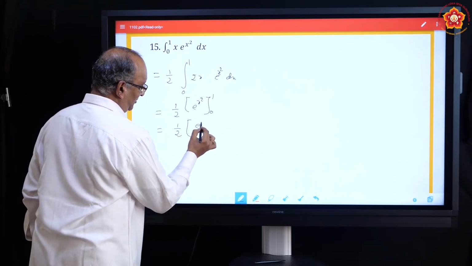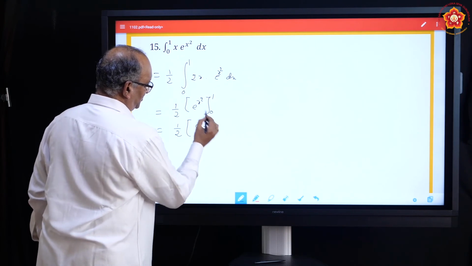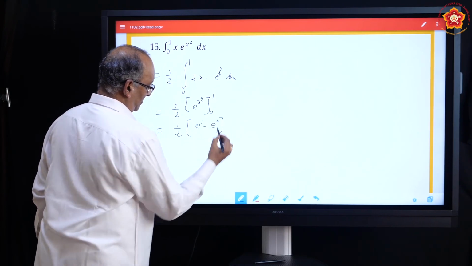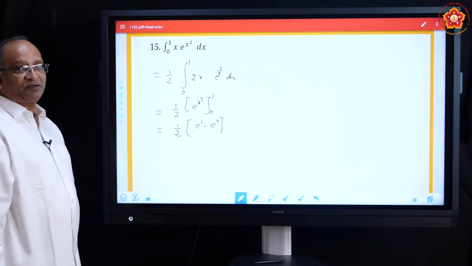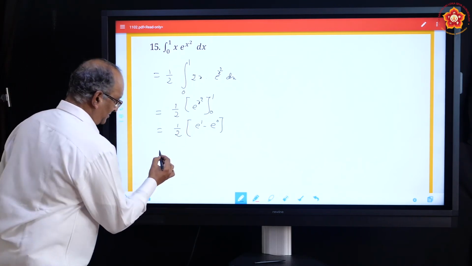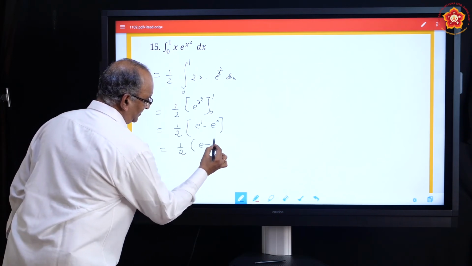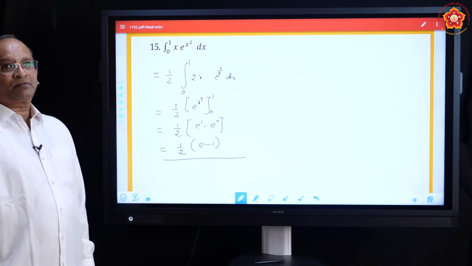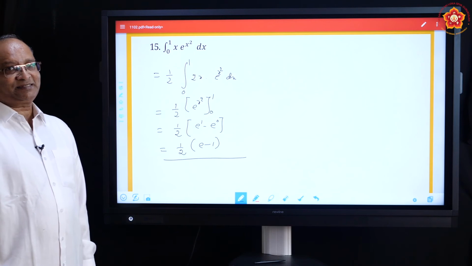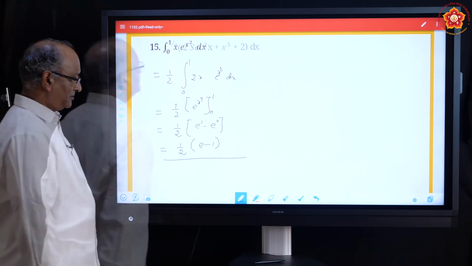So it is nothing but e to the power 1 minus e to the power 0. We know anything to the power 0 is 1. So it is nothing but 1 by 2 e minus 1. This is the answer. Hope you are understanding. Very simple functions we have already solved.